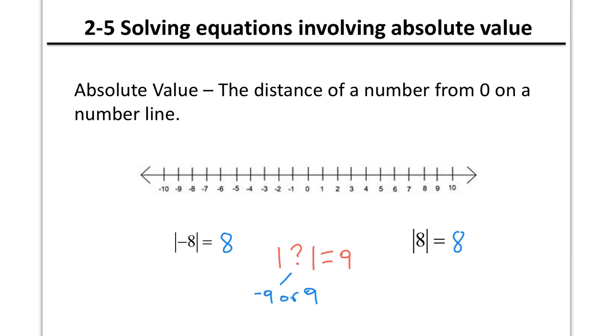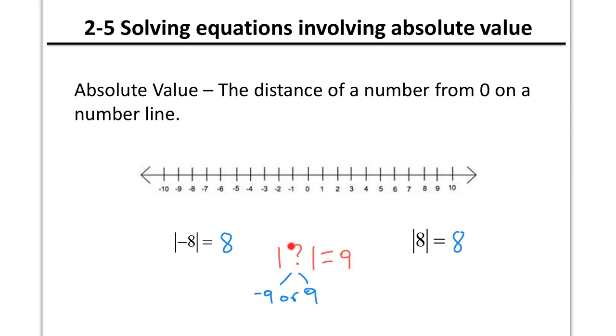Now I also gave you guys a question on the previous video. When you have the absolute value of a number, you don't know what the number is, but we know the answer is 9. Well, that number can either be a -9, because the absolute value of -9 is +9, and the absolute value of +9 is also +9.